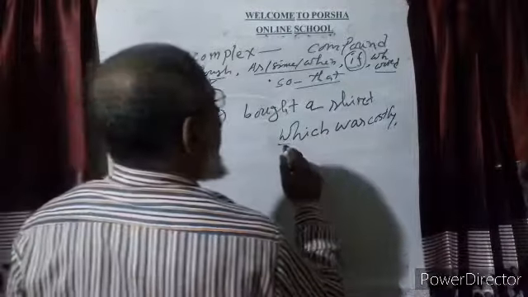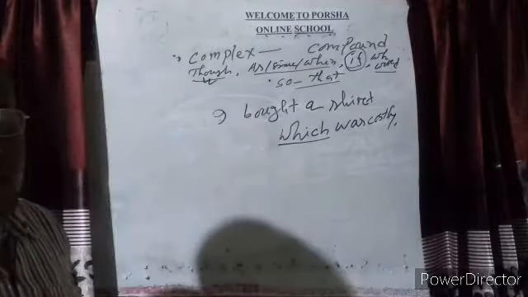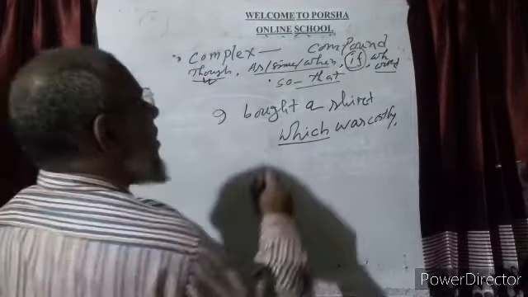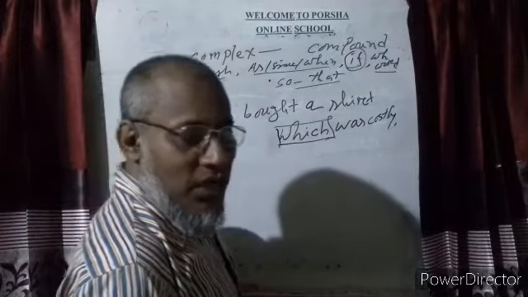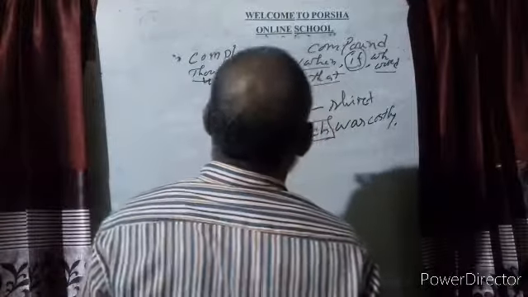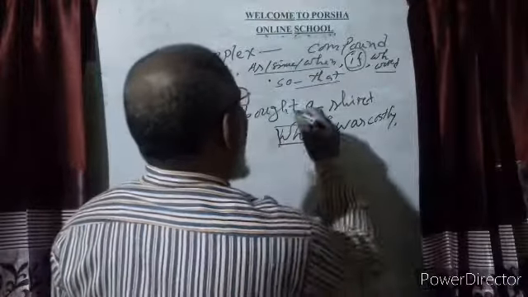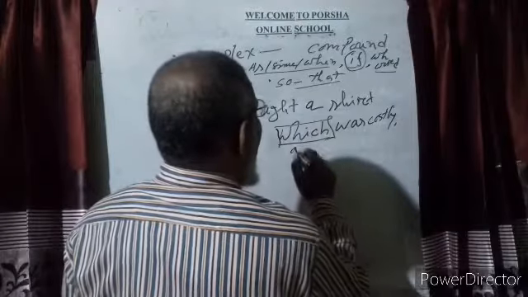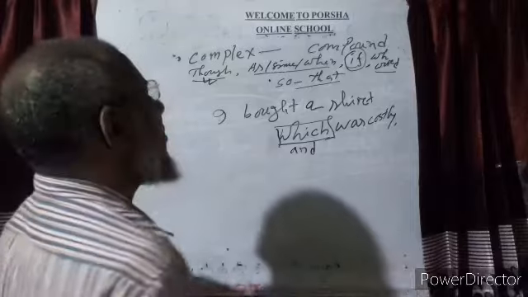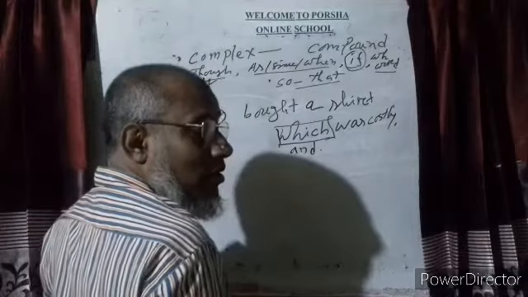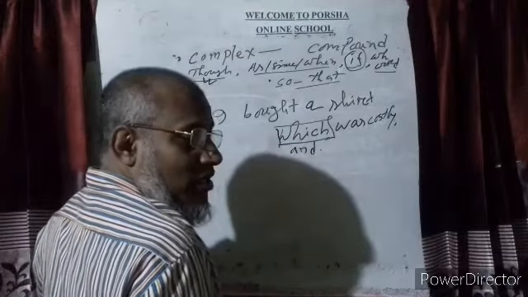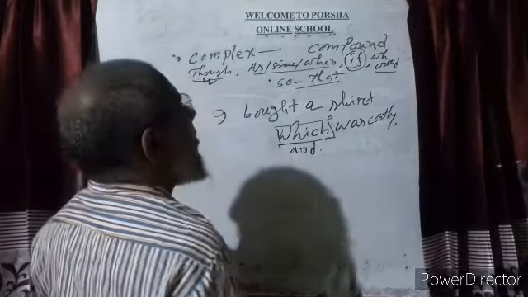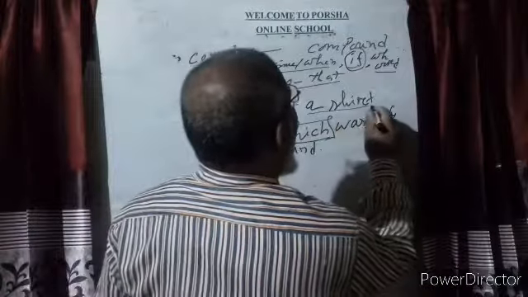This is with a WH word, which. So remember in mind, in lieu of which or what or any kind of WH word or relative pronoun, the word and will be used. And after and, of course, the object of the sentence will be changed into subject. Here the object is a shirt.